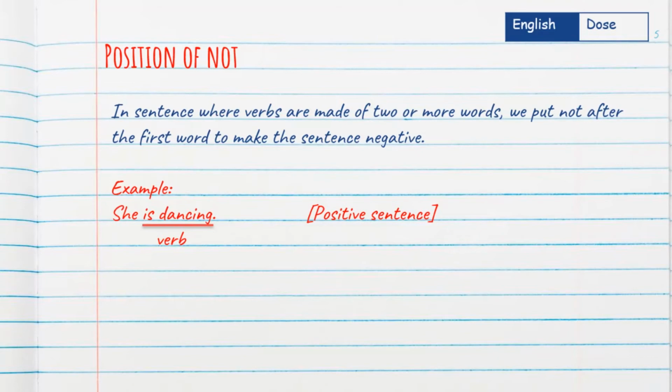What is the first word of the verb? Is is the first word of the verb. So after is we should place the negative word not. So what would be the negative of she is dancing? She is not dancing is the negative sentence. Is dancing is the verb and not is the negative word.